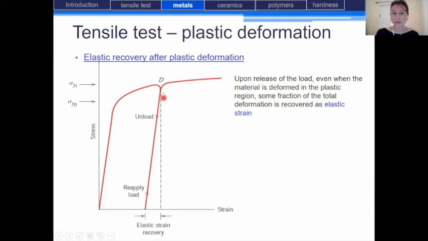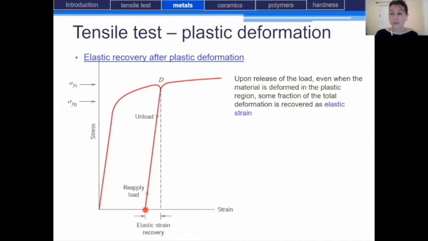And so the slope of this unloading curve is the elastic modulus. And so the difference in strain between this real strain after removing the load and the one that we expected is the elastic strain recovery.